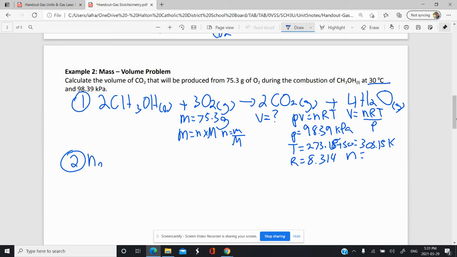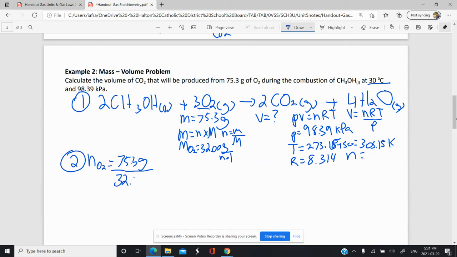So moles of O2 is equal to the mass of oxygen provided in the question, grams, over the molar mass of O2. Remember, the molar mass of O2 is 32.00 grams per mole because there's 2 oxygen atoms there, so 16 plus 16 from your periodic table.